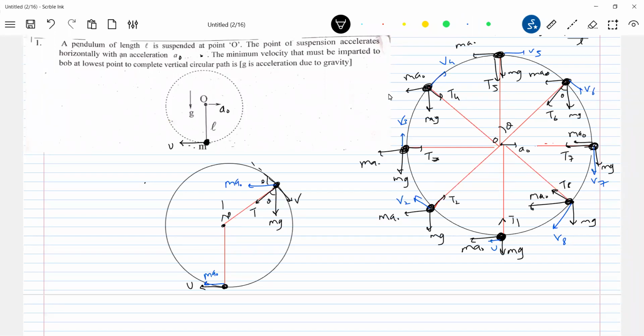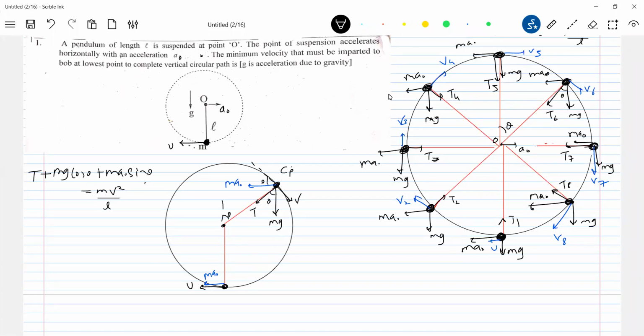So write down the equation of motion at this particular point P, or critical point, you can call this one. Critical point CP, you write it. So here the equation of motion will be T plus mg cos theta plus ma naught sin theta equal to mv square by L. Okay, got this one.